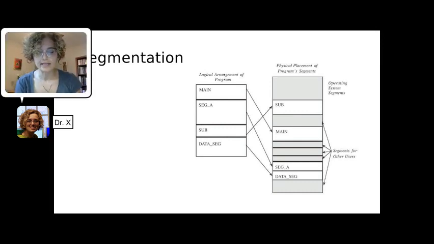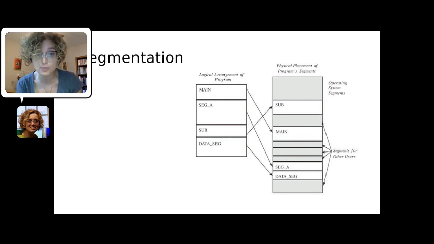So now we're moving a little bit closer to modern operating systems with the paradigm of segmentation and how we would protect the memory by dividing it into segments. Segmentation is the notion of dividing a program into pieces. As you can see here, these pieces in the slide make a lot of sense.